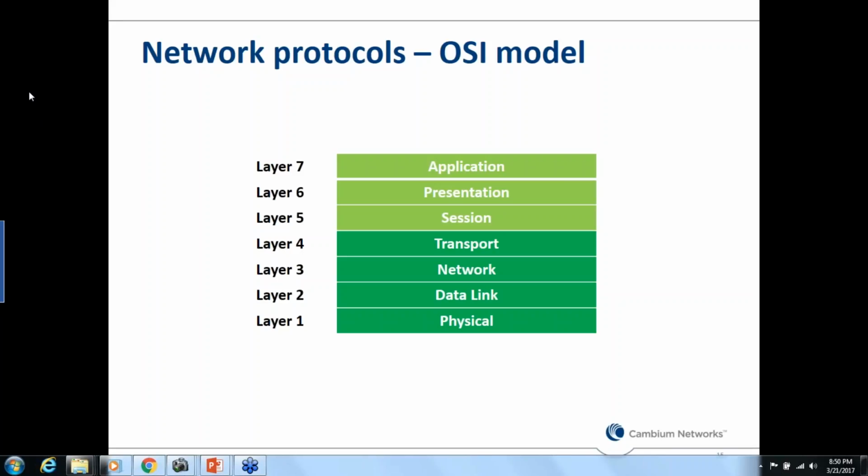But we can certainly go back to it and give you a lot more detail, because it is something you will come back to all the time. The reason this model is so useful and has persisted for decades is that when a new technology or application comes along, all you have to do to understand its fit in terms of a computer network or device is look at this model and go, okay, it's in layers 3 and 2, so I know exactly what parts it affects and what parts it doesn't affect. That really helps you understand its impact. So we can definitely go back to the OSI model.